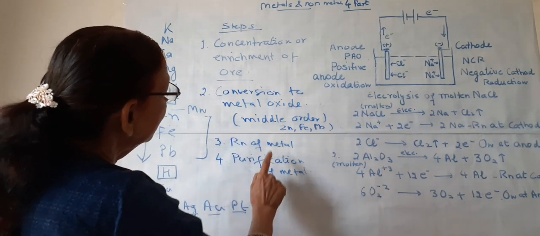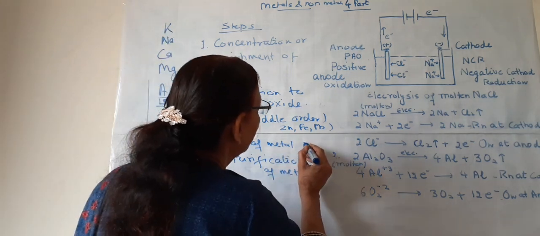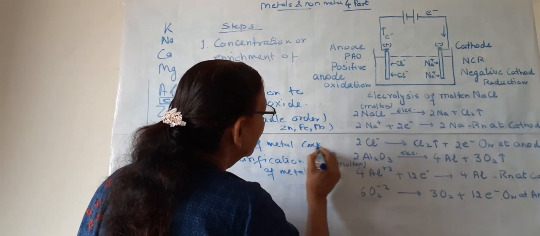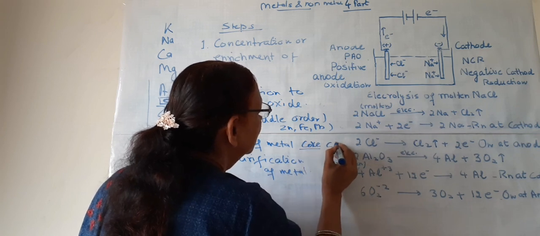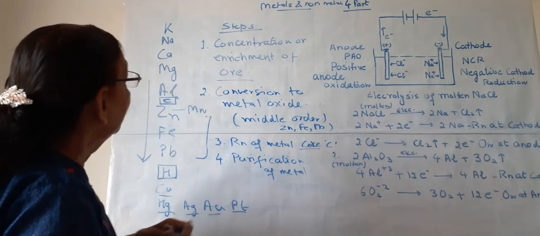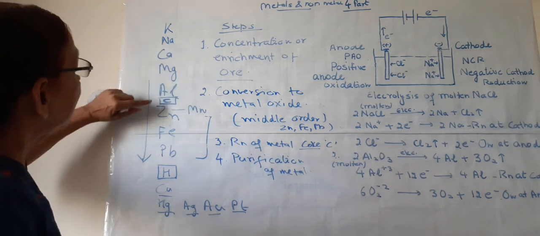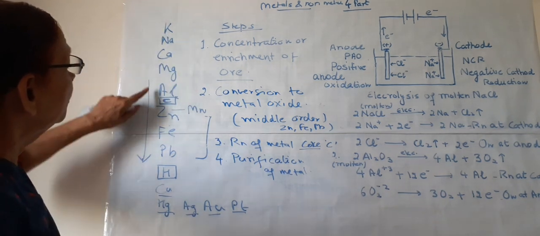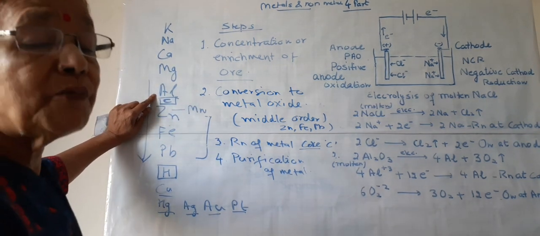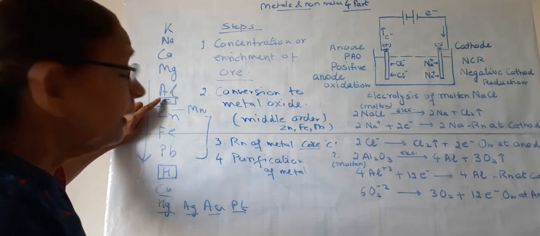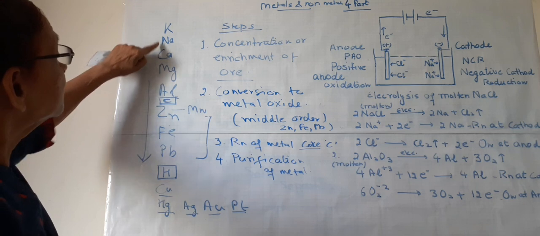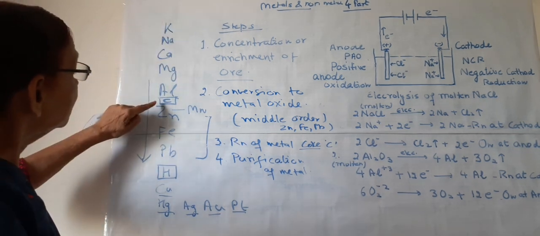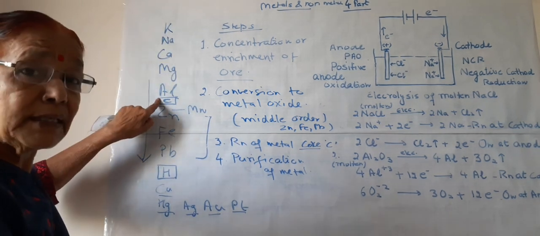Here we are seeing that reduction is done by coke or carbon. And here we are seeing that carbon is present below these 5 reactive metals. So carbon cannot displace metal from its compound because it is less reactive than all these 5.